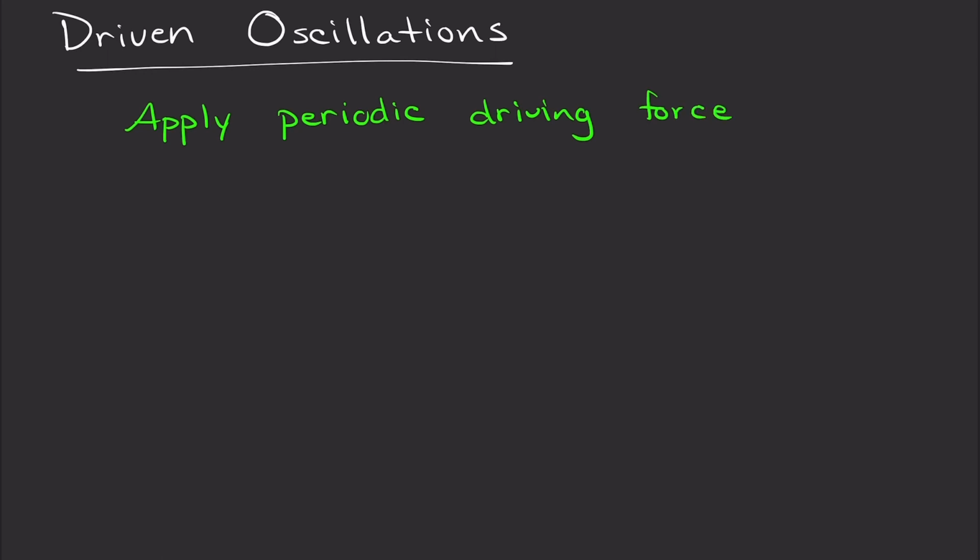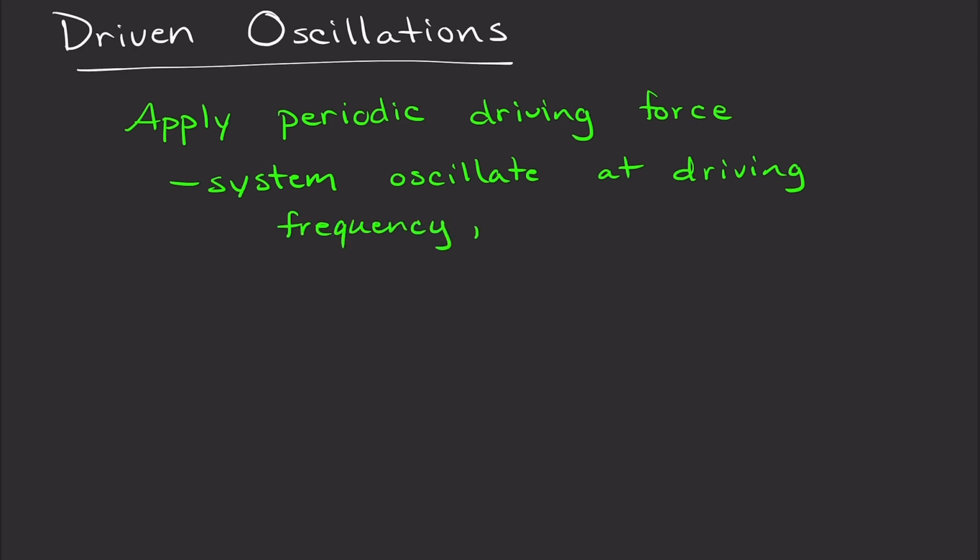And then if you apply that force, your system will oscillate at whatever driving frequency that you apply your force at. Okay, so you may call that some frequency omega, maybe we put a subscript D for driving frequency.